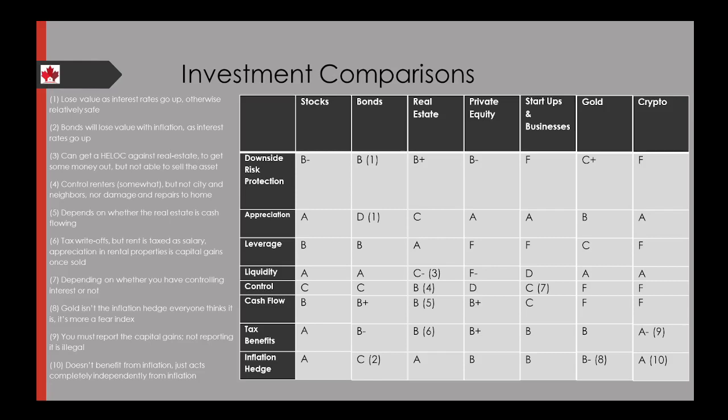It was basically acting like technology and small cap stocks during 2022. So while the stock market was going down, so was crypto. It's not an inflation hedge. At best, it's acting independently, but I wouldn't use it to try to offset inflation.